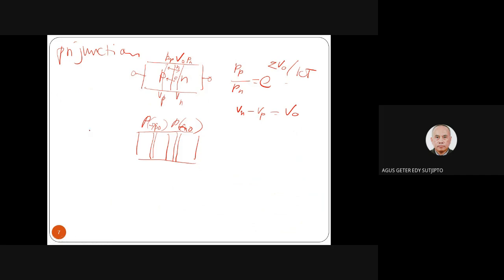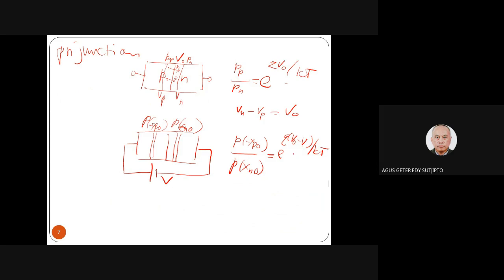When we apply the voltage, the concentration of holes will change. So then the concentration of hole p at minus xp0 over p at xn0 equals e to the power q(phi 0 minus V) over kT.